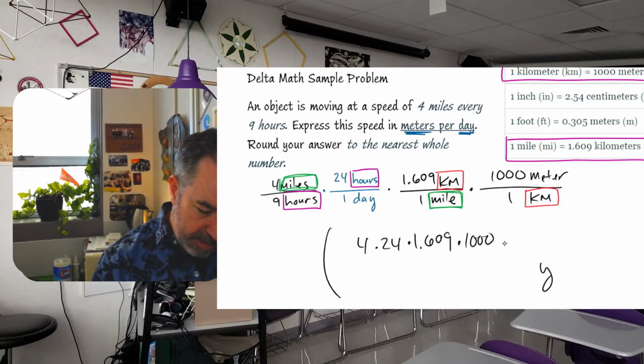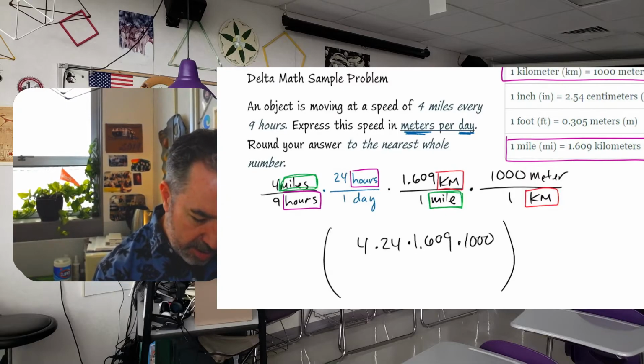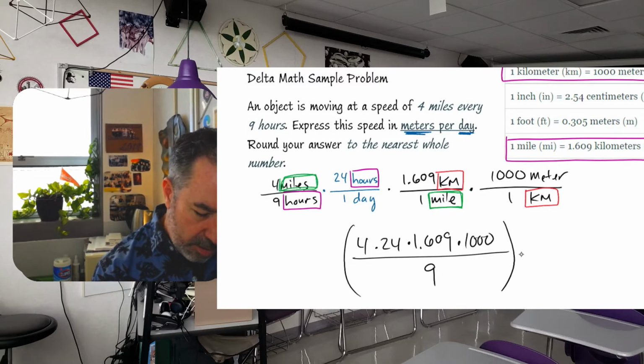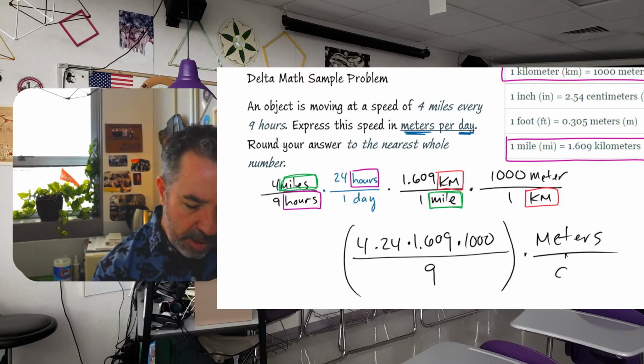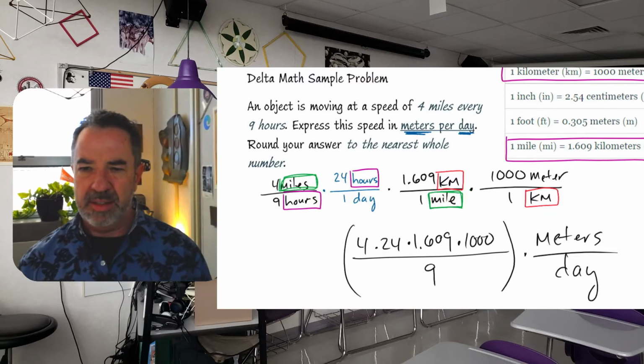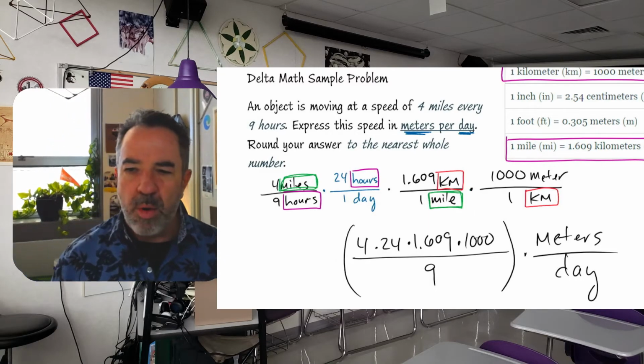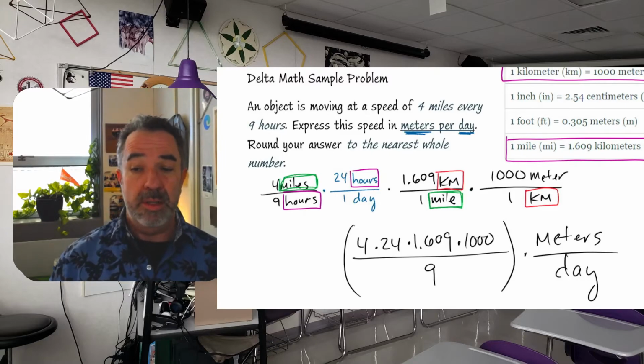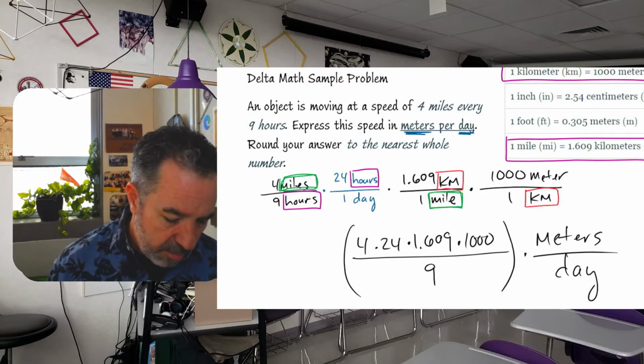I've got to move this meter over. Times 1,000, that's the numerator. And in the denominator, I have 9 times 1 times 1 times 1. I've just got 9. And again, what are the units of this? Meters per day. I want you to see how this is set up: I've done the manipulation of the units, and I now know that whatever number this is, it's expressed in the units of meters per day.